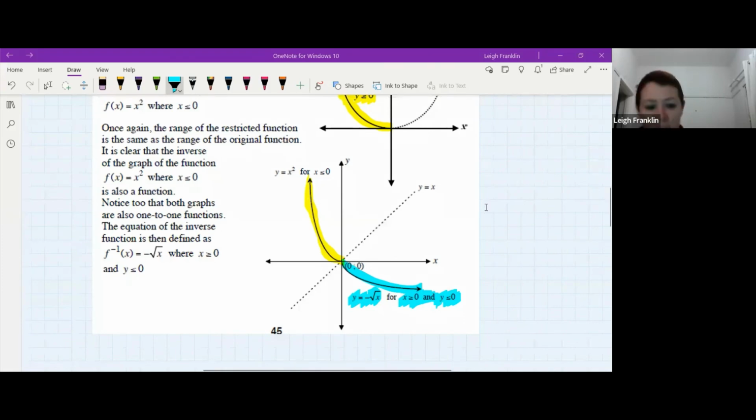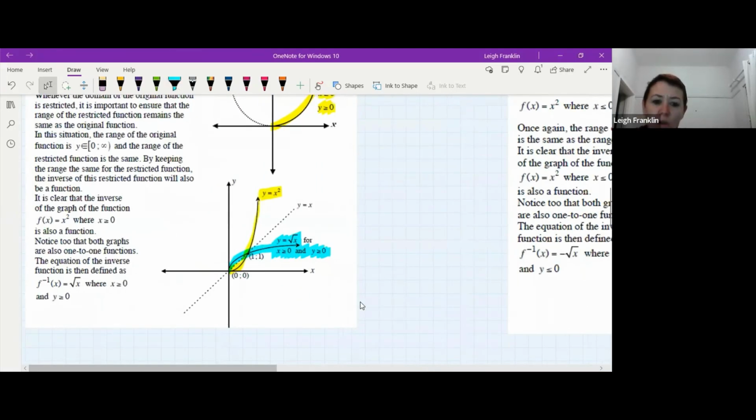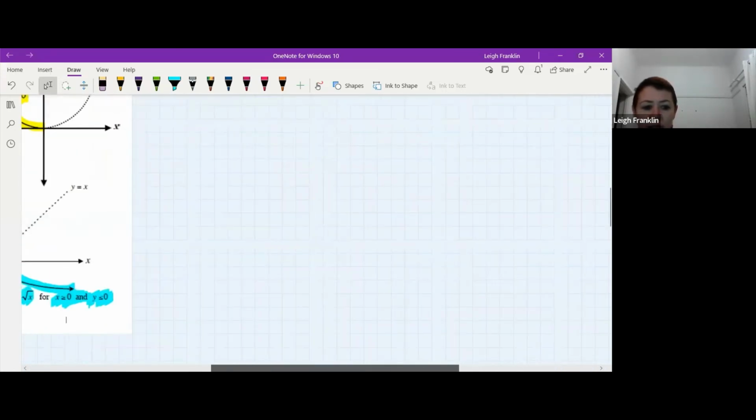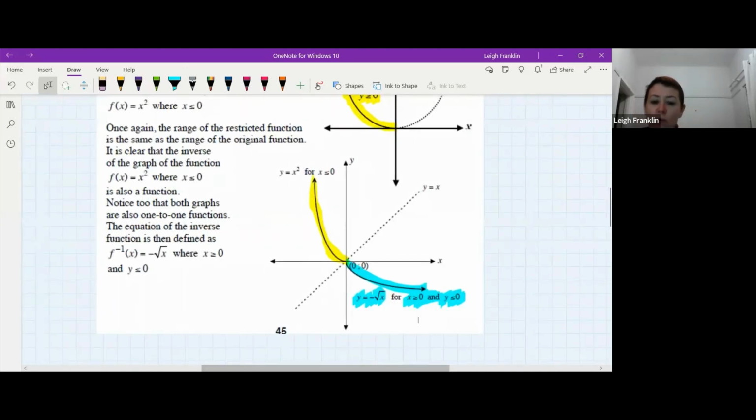Either it's going to look like this if we consider those values of y that are positive when x is positive, that would be the turquoise one, or it's going to look like this if we consider those values of y that are negative whilst x still has to be positive. Now you can see that both of these will pass our vertical line test.